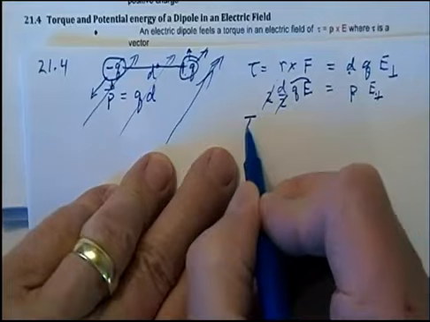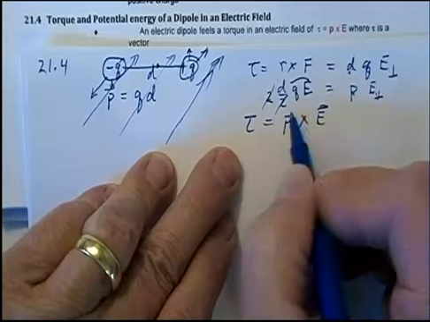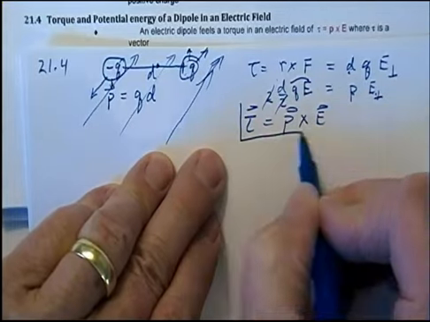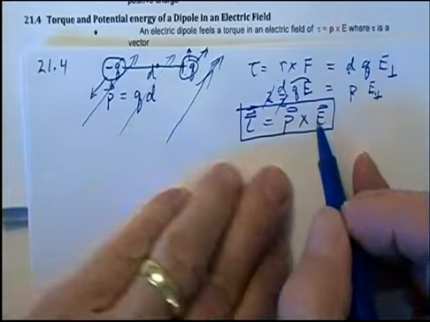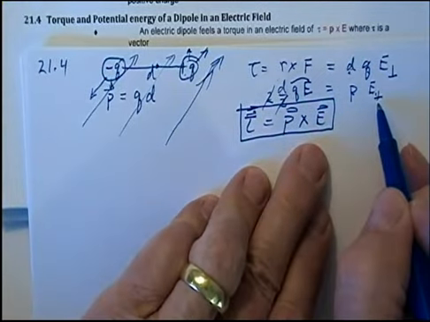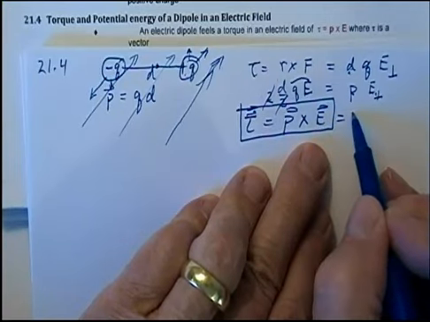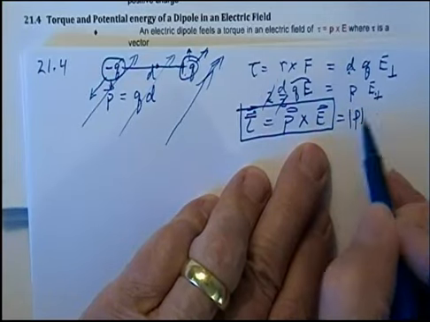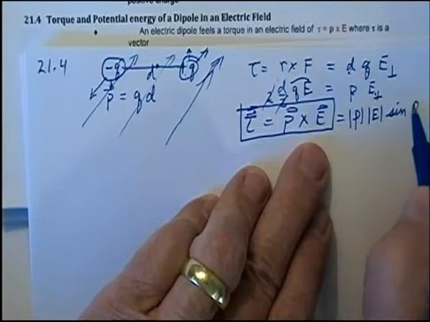So the torque is given by p cross e. And what emerges here is, of course, the fact that this e perpendicular is e times the sine of theta. So this is the magnitude of p, the magnitude of e, times the sine of the angle between them.